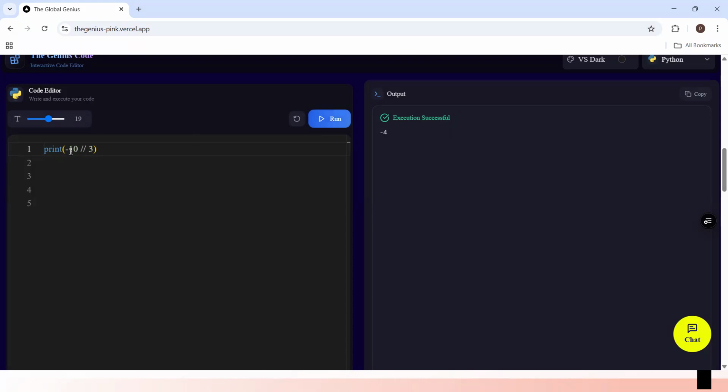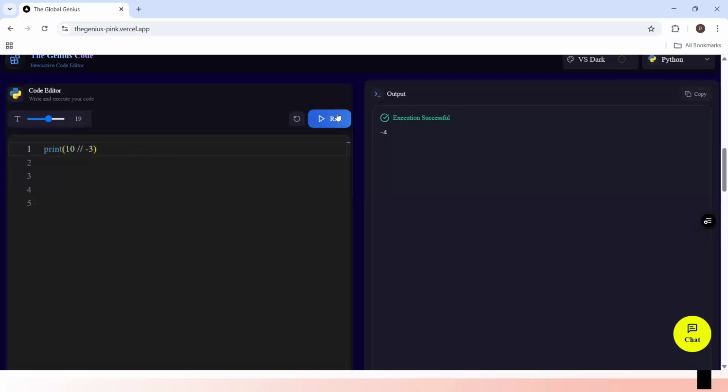When you do 10 integer division by 3, it will give you 3, because 10 divided by 3 is 3 remainder 1. But if you're doing minus 10, it will give you weird results, minus 4. If you're doing 10 divided by minus 3, look at what it's going to give you.